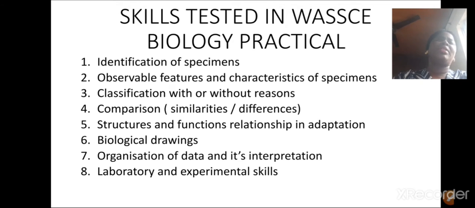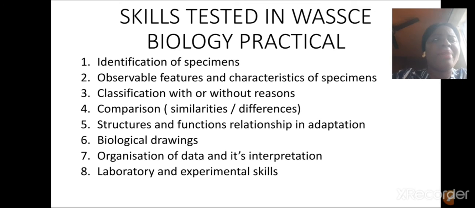If you are provided with specimen A as Tridax fruit, what you are expected to do is just to put specimen A is Tridax fruit. If you were provided with cockroach as specimen B, then your specimen B is cockroach. Identification of specimens simply means naming of specimens.